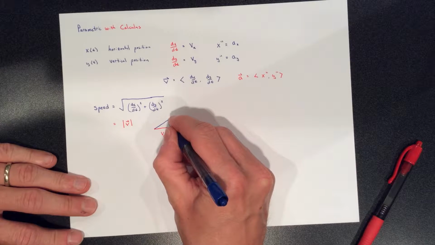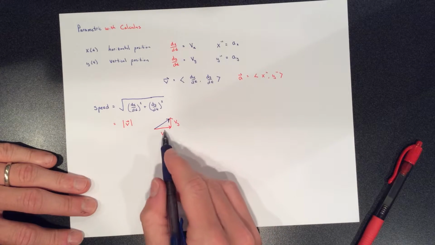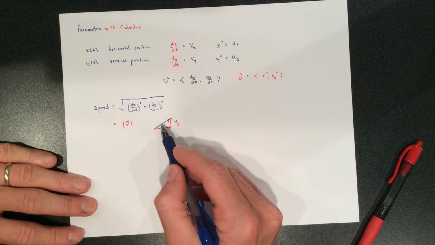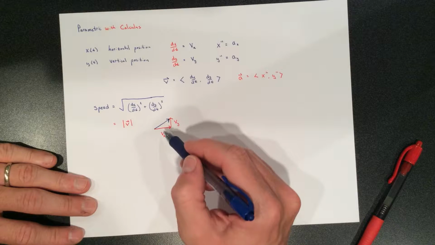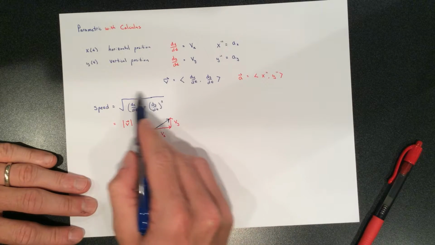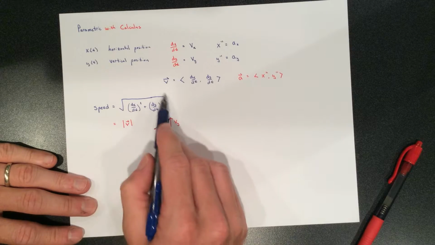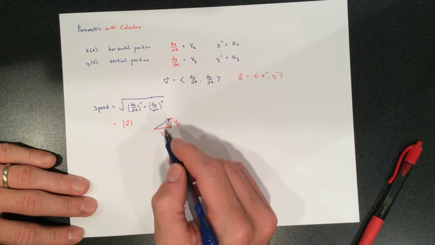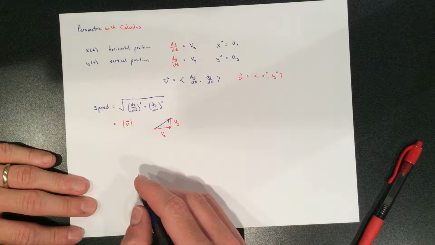That's your actual velocity vector, and those are your pieces. Well, the magnitude, meaning the length of this arrow, is just the Pythagorean theorem. It's just the square root of this squared plus this squared, and then we have our speed. So speed, this formula, isn't anything more than just the Pythagorean theorem based on this particular triangle.